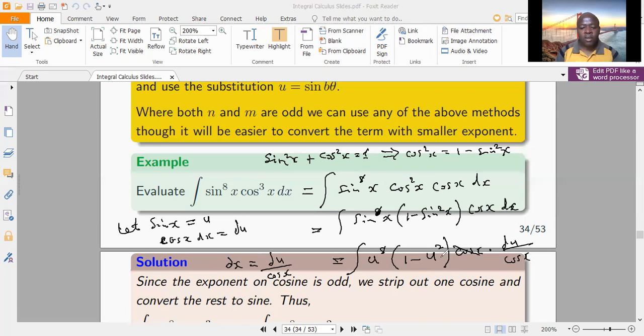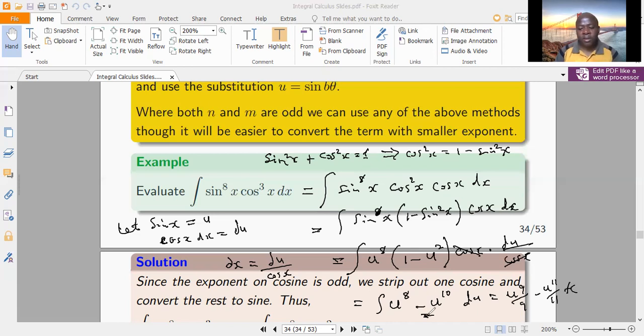This cos x cancels, and what we have is u raised to 8 minus u raised to 10 du. We can now integrate this to get u raised to 9 over 9 minus u raised to 11 over 11 plus c.